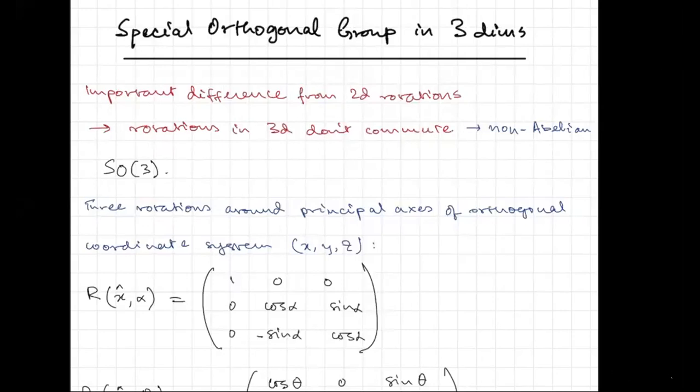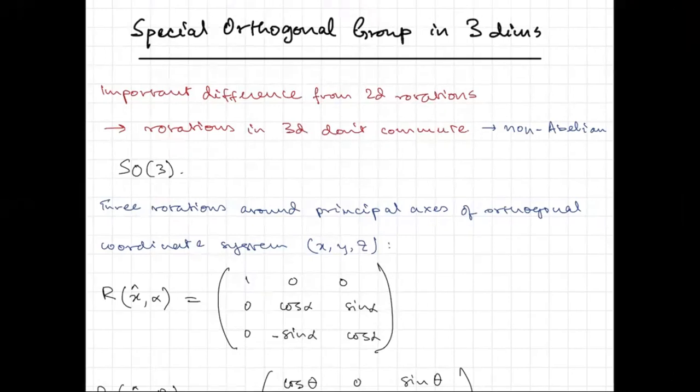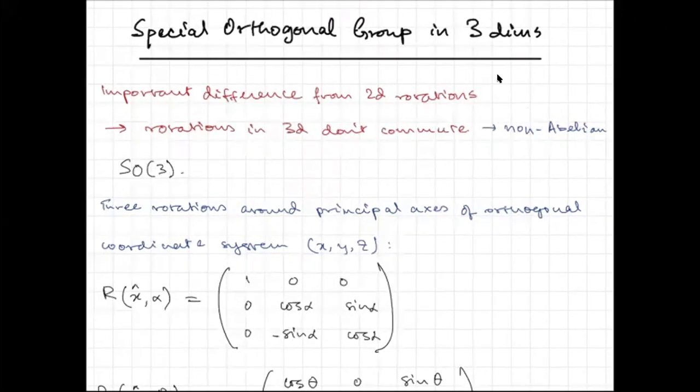And of course, some of this is going to be familiar to you from things that you've done earlier in life. So now, rotations in 3 dimensions, as you know, are going to be characterized by 3 specific angles. We can think about this as rotations around principal axes of orthogonal coordinate systems.